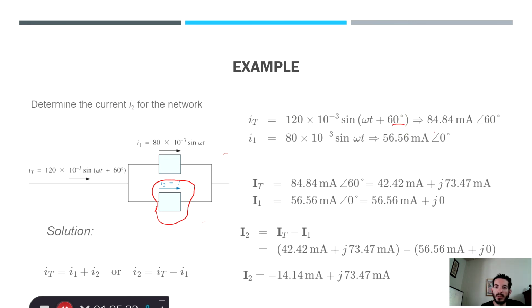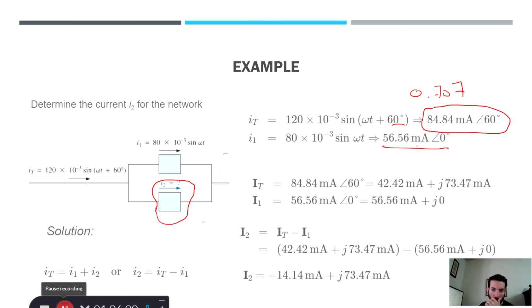So as we did before, we find the polar representation by multiplying 120 milliamps by 0.07, or dividing by square root of 2, and the same thing for I1. We're finding I total and I1, so we have the polar representation of both. We can get the real and imaginary parts of both quantities.